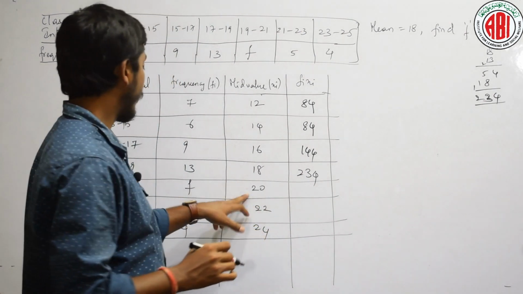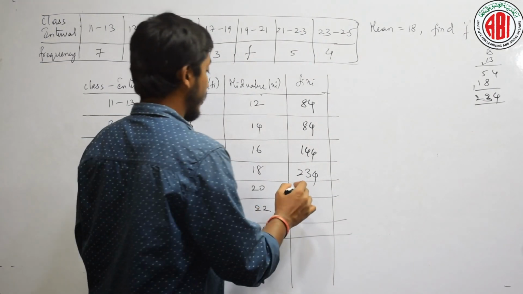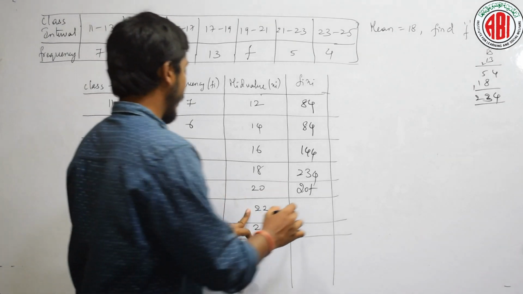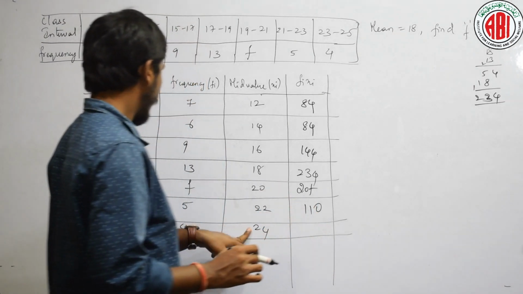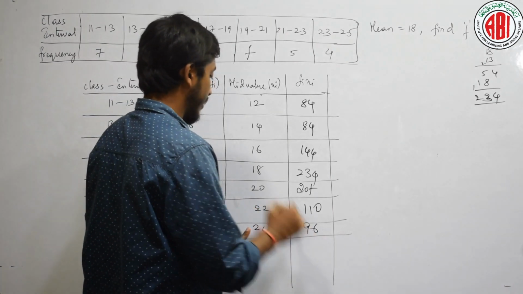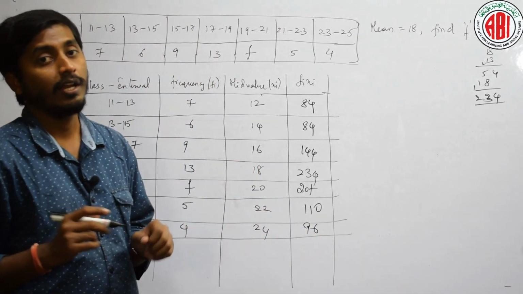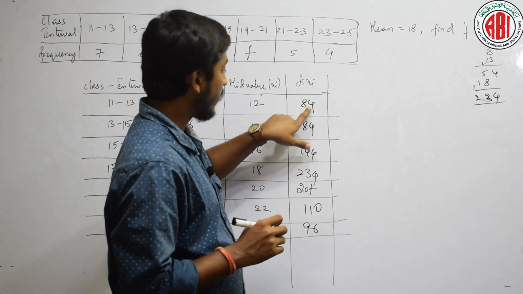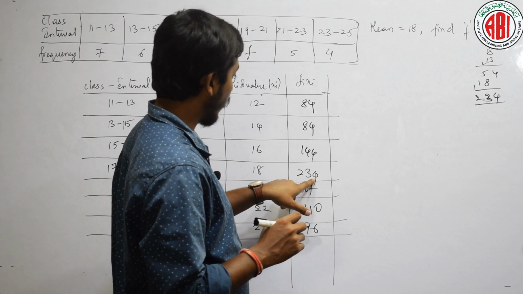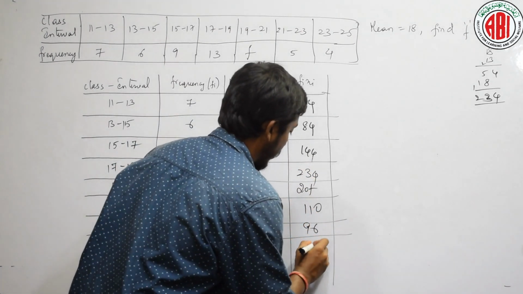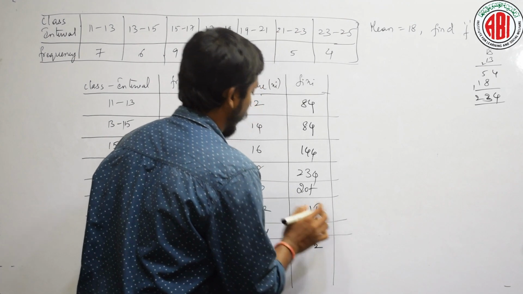The next, 20 into f is 20f. Again 5 into 22 is 110, 24 into 4 is 96. Is it okay? Now we have to add everything. Check here: 4 fours are 16 plus 6, how much is it? 22.